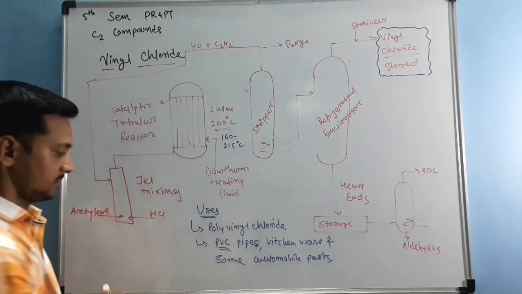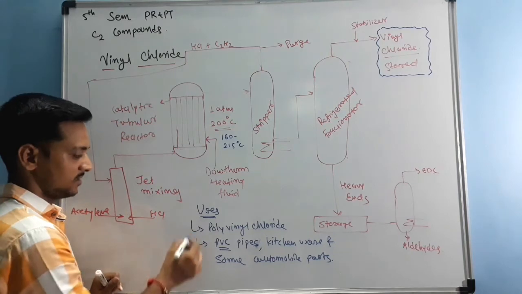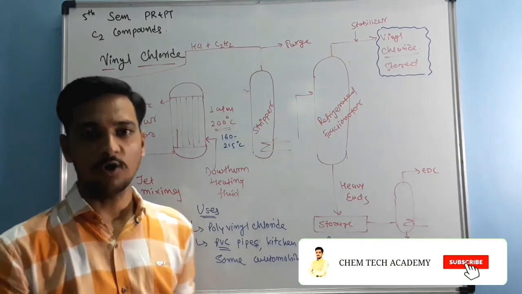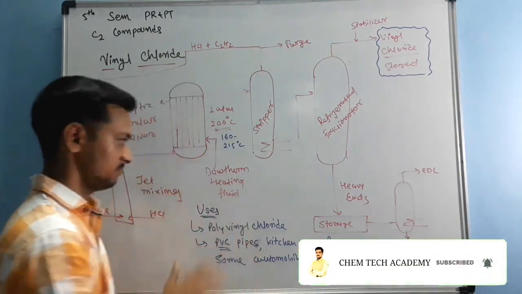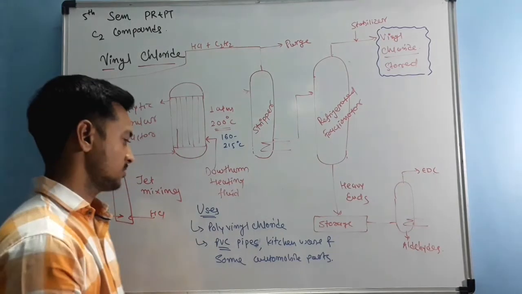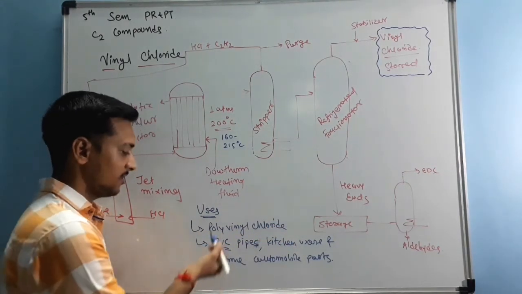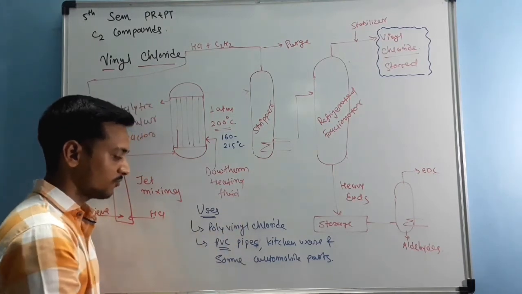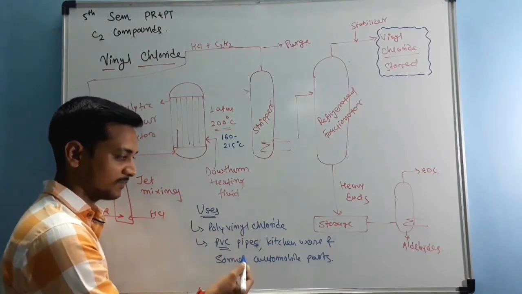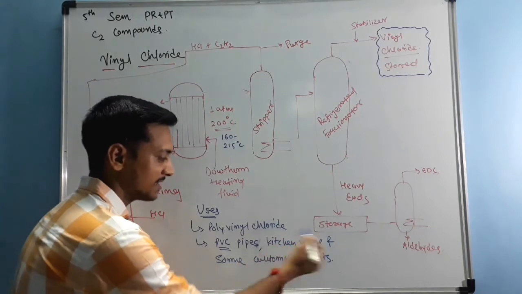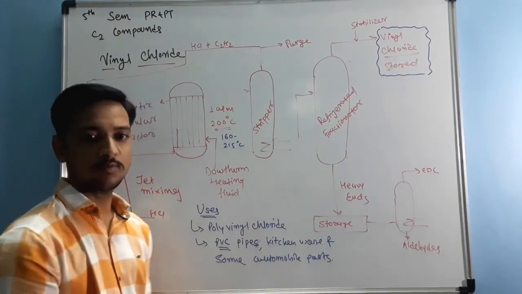Okay, got it? These are the simple uses of vinyl chloride. So the simple use is to make polyvinyl chloride, and from polyvinyl chloride it is used for manufacturing PVC pipes, kitchenware, that means plastic kitchenware, and some automobile parts.